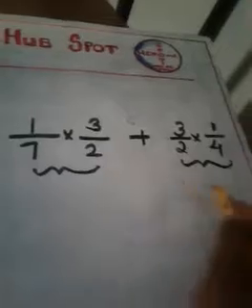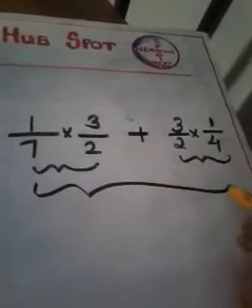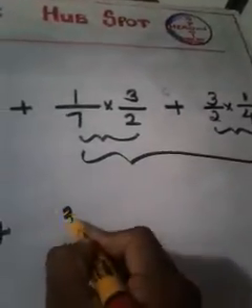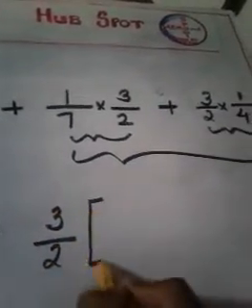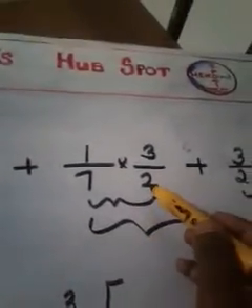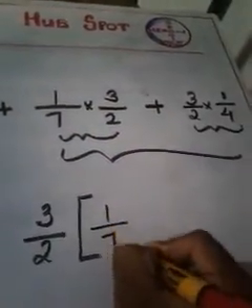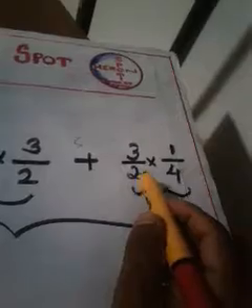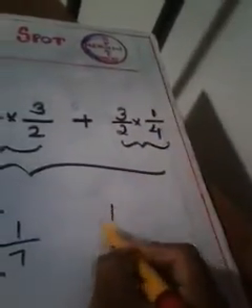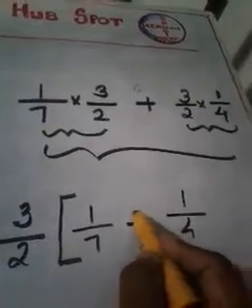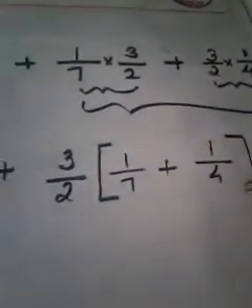From these two terms you can take 3 by 2 outside. When you take 3 by 2 outside from this term, 1 by 7 will remain. If you take 3 by 2 outside from this term, 1 by 4 will remain, and you write this plus in between. I think it is very clear.